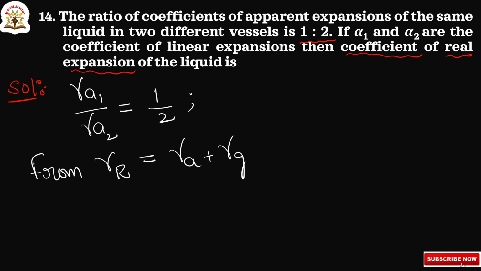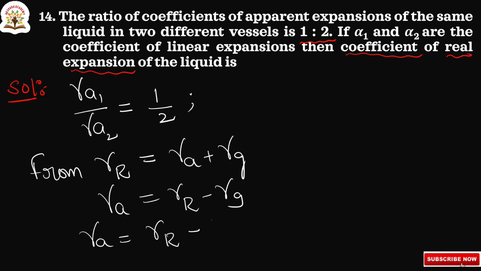Gamma R is equals to gamma A plus gamma G. From this we are writing gamma A is equals to gamma R minus gamma G. Gamma G can be written as 3 alpha G, so gamma A is gamma R minus 3 alpha G.